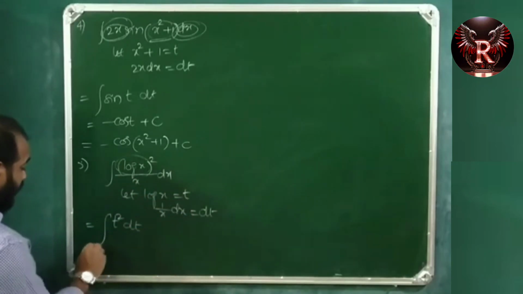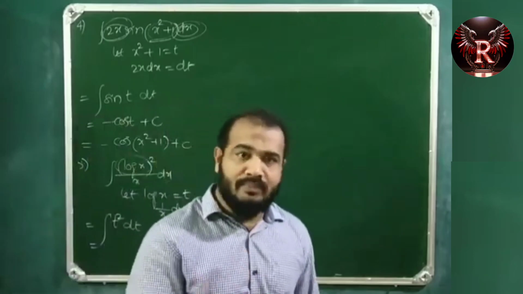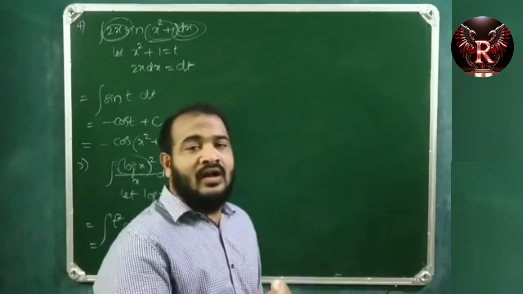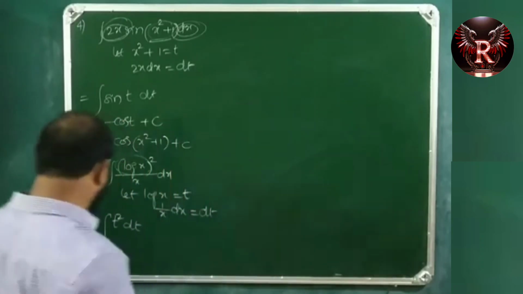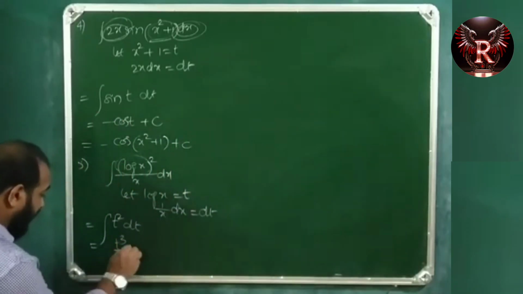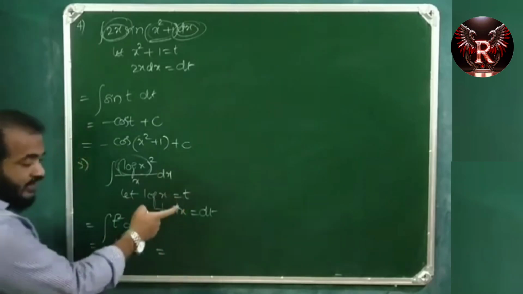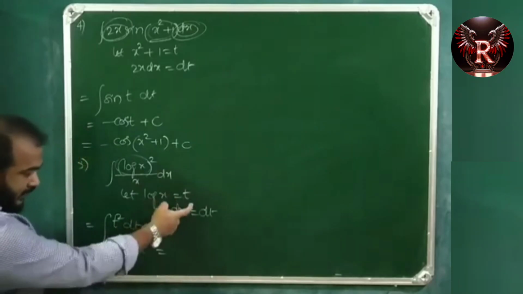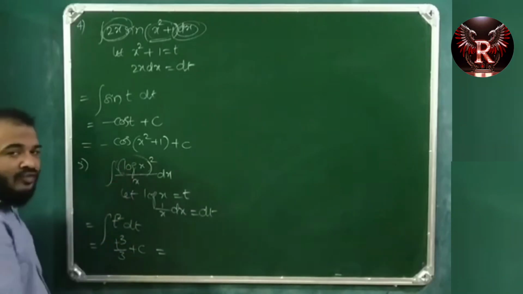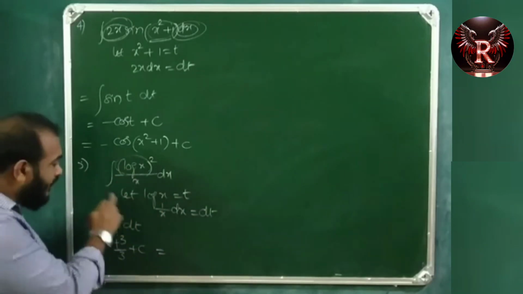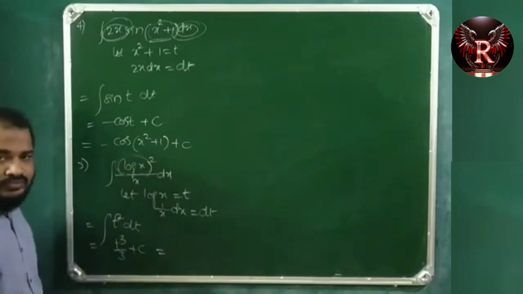dt. So we know integral x power n dx is x power n plus 1 by n plus 1. What is integral t square dt? t power 2 plus 1 by 2 plus 1, t cube by 3, plus c. So let's not forget to replace t by log x, because the given integrand, whatever is in between integral and dx, is in terms of x.